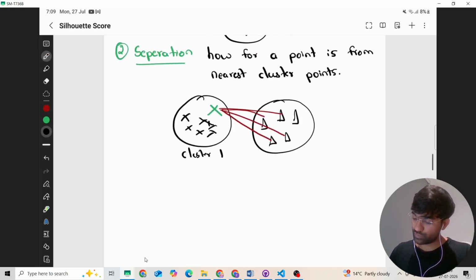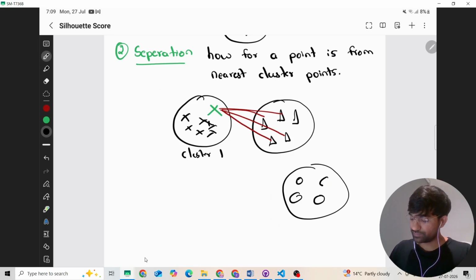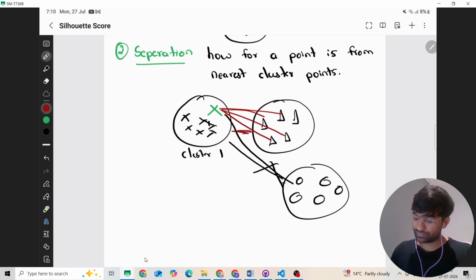That means if there is one more cluster here, it will not find the distance between this point and that cluster's points. No, it will only find the distance to these cluster points because it is the nearest cluster.